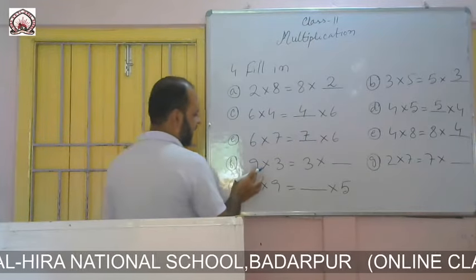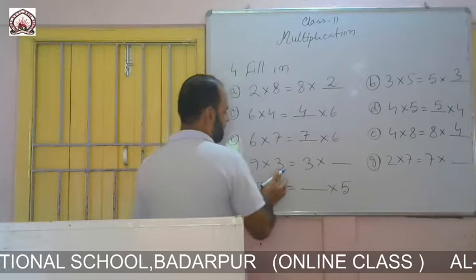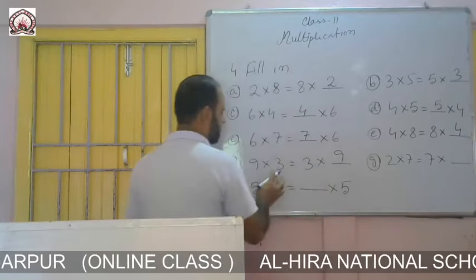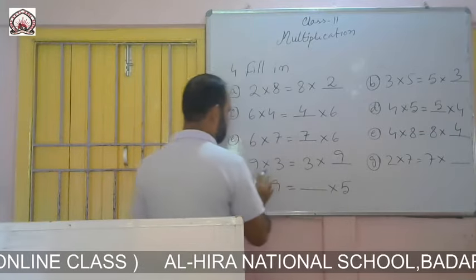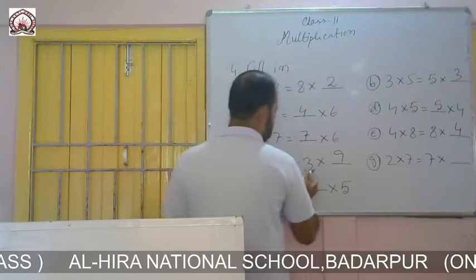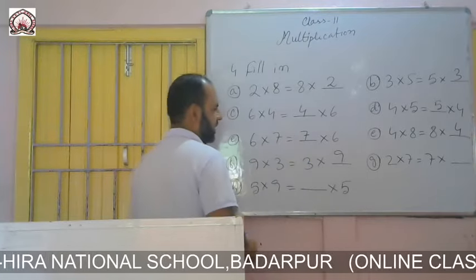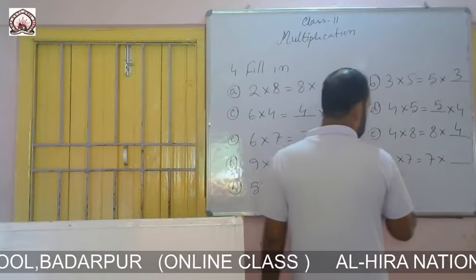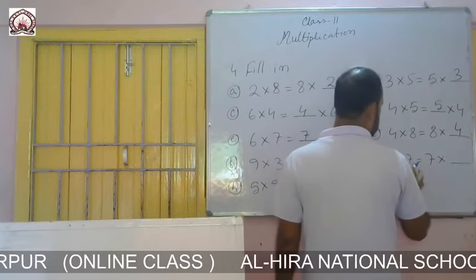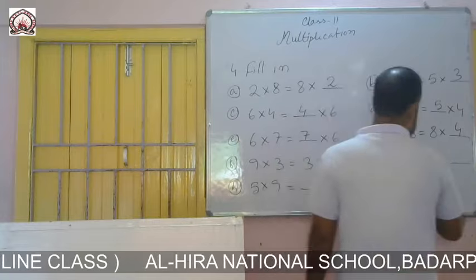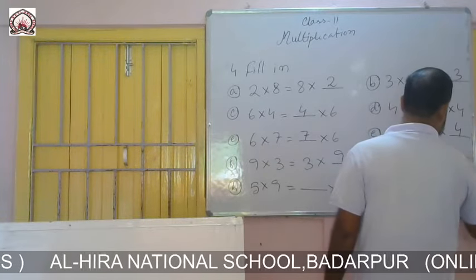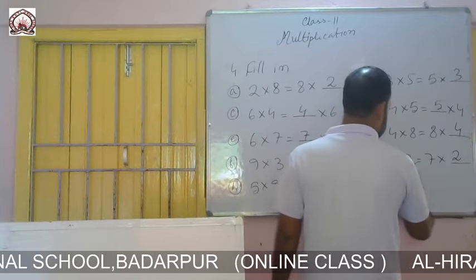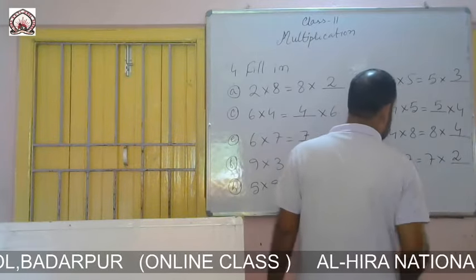Next, 9 threes is equal to 3 nines. 9 threes are 27 and 3 nines are also 27. Here 2 sevens equal to 7 twos. Same. 2 sevens are 14 and 7 twos are also 14.